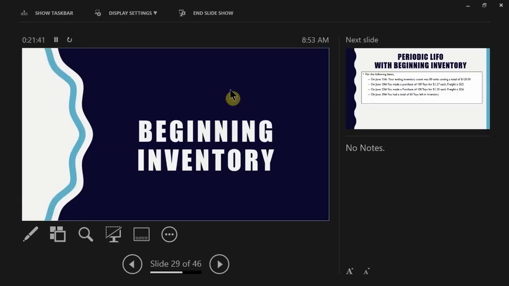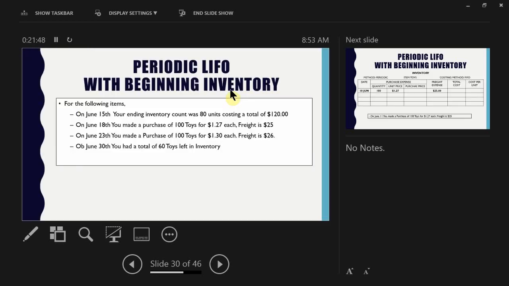Okay. So now I'm going to talk to you about what happens when you have beginning inventory. In yesterday's example, when we looked at having beginning inventory, once we transfer it over, it just happens to be one of those items that we sell out first because of the first in, first out rule.